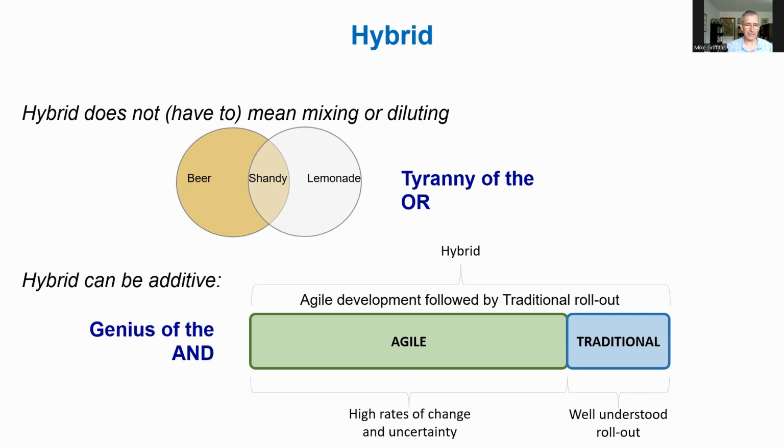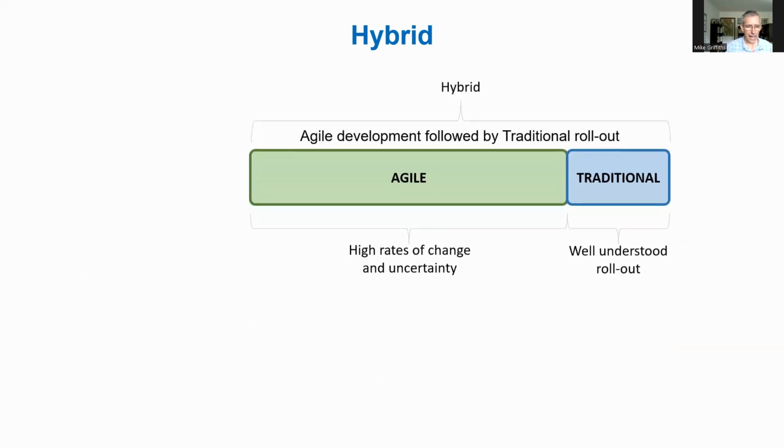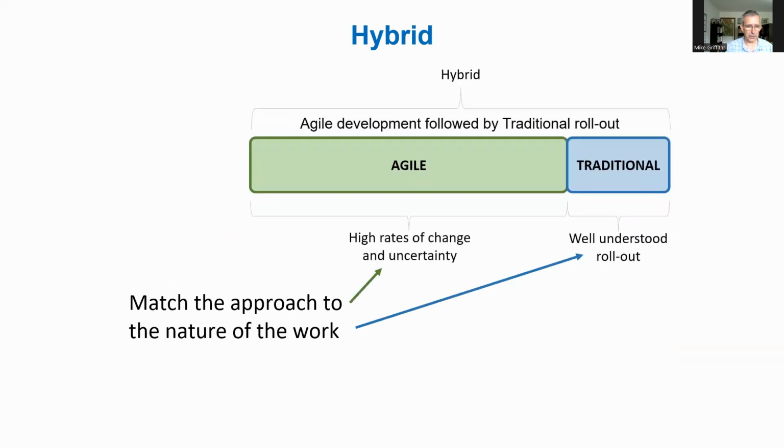And I think this is more the genius of the and thinking, right? That it doesn't have to mean the worst of both worlds. It doesn't have to mean mixing. It can mean the best of both worlds as well. And so, you know, the recommendations that I like to give are match the approach to the nature of the work, right? High rates of change, uncertainty, likelihood of only knowing it when we see it.